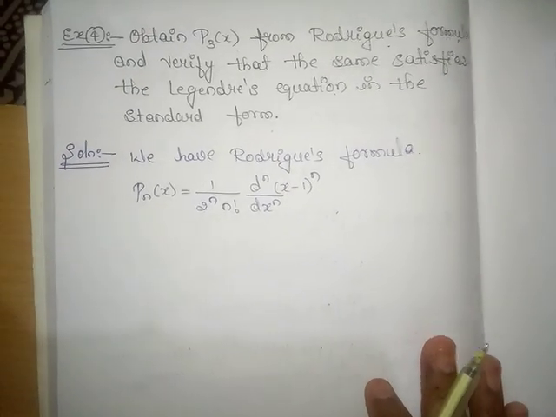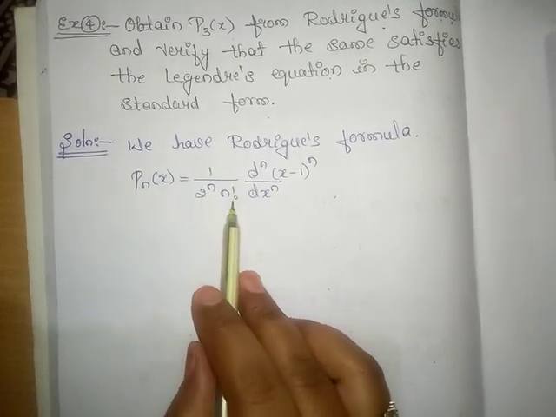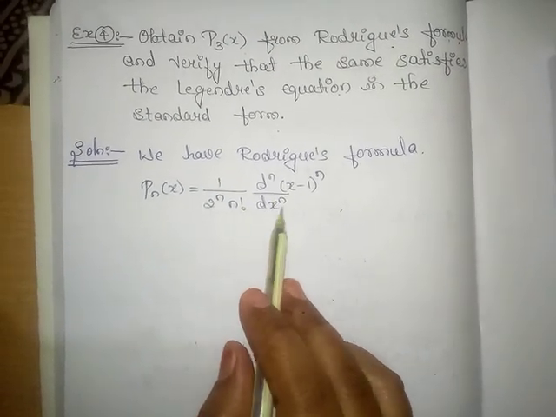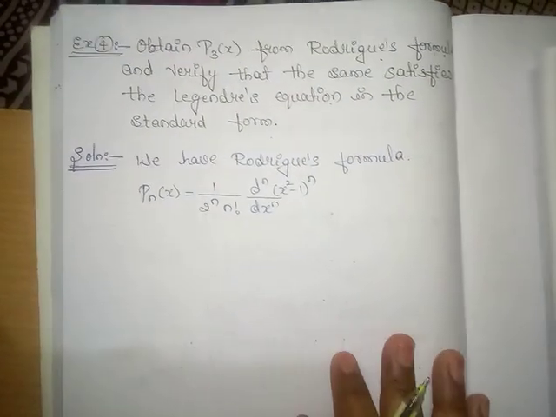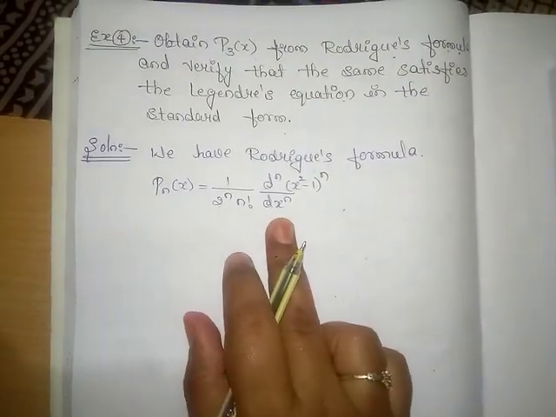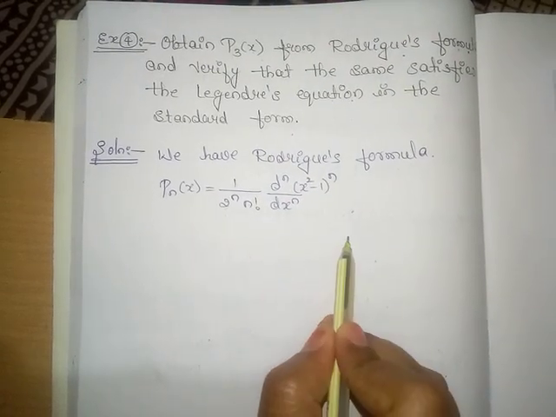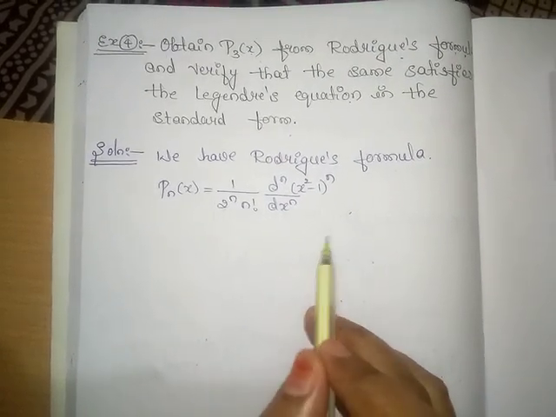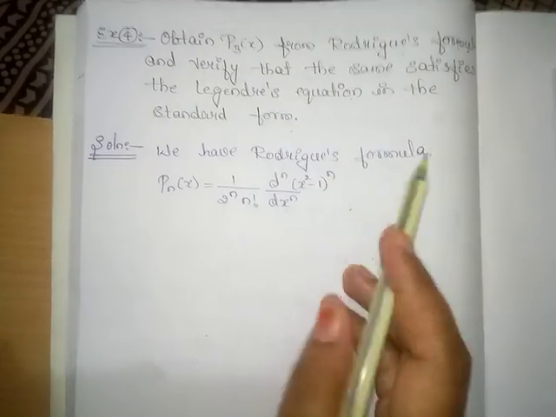We have Rodrigues formula, that is Pn of x is equal to 1 divided by 2 raised to n factorial nth derivative of x square minus 1 whole raised to n, right? As I already gave the expression for P3 of x from Rodrigues formula, directly I will write the expression for P3 of x on using Rodrigues formula.